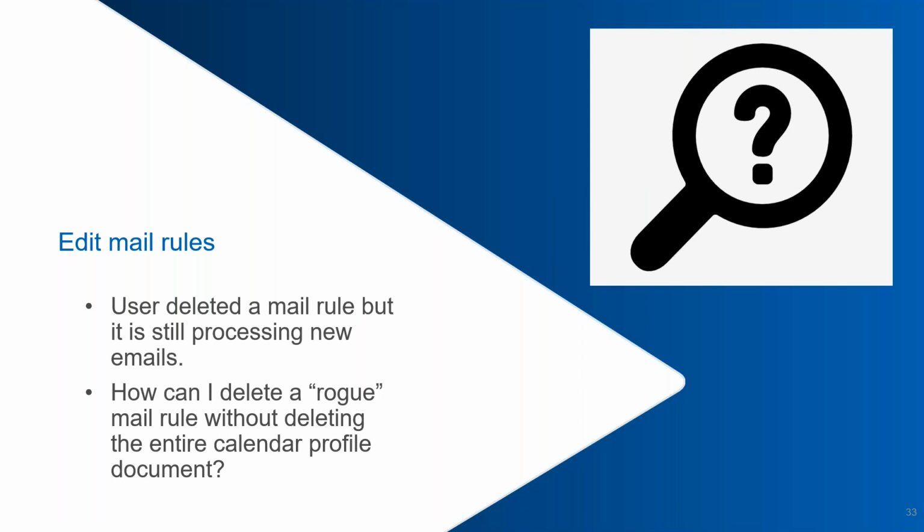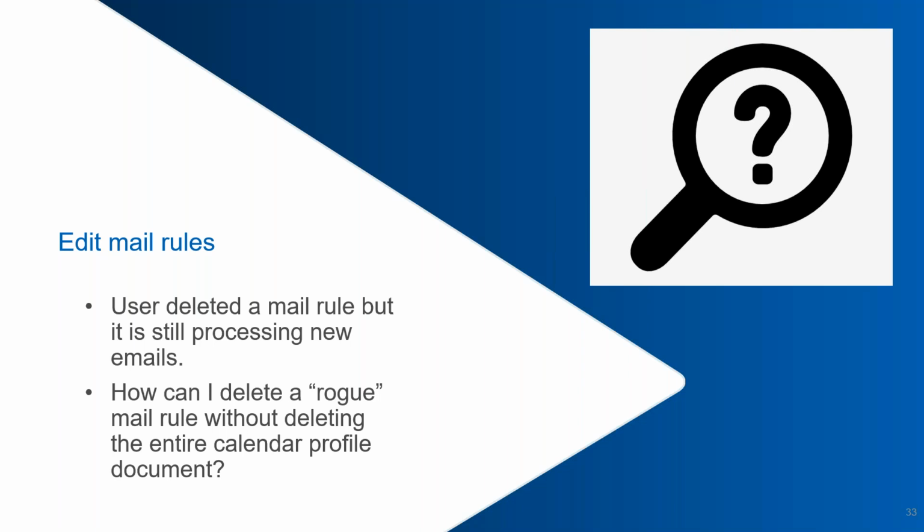And so it's now part of your back-end configuration. And so from the user's perspective, the mail rule continues running even though it's not listed as a mail rule, which causes incredible frustration and confusion. And ultimately, you can think of this as a rogue mail rule at that time.